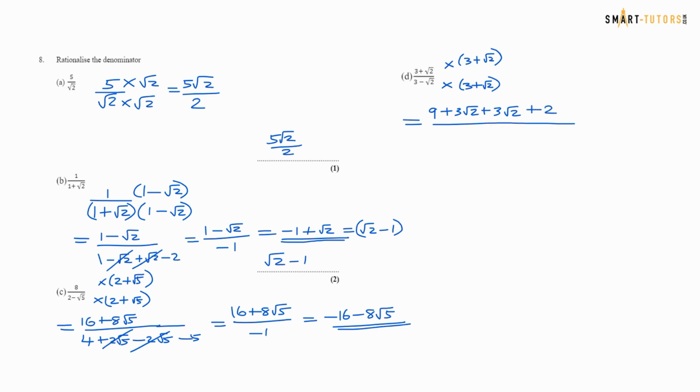Over 3 minus root 2 times 3 plus root 2, 3 times 3 is 9 plus 3 root 2 minus 3 root 2 minus root 2 times root 2 is 2. So the answer is 9 plus 2 is 11 plus 6 root 2. 3 root 2 minus 3 root 2 cancel. 9 take away 2 is 7. So that is the answer for the question number D.